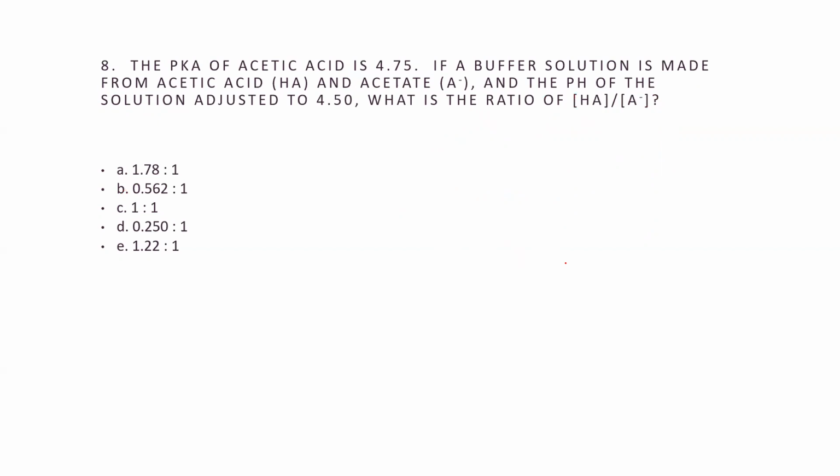All right, similar question. pKa is 4.75. We make a buffer from acetic acid and acetate. The pH is adjusted to 4.5. What is the ratio?